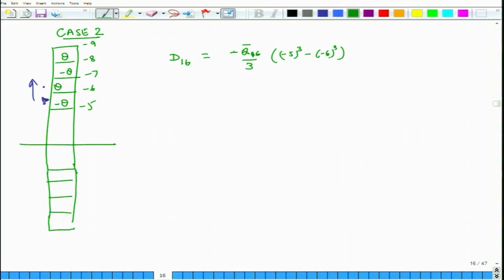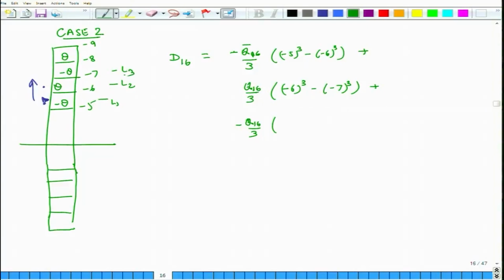This is the contribution from L1 plus contribution from L2. So, this is equal to Q16 bar by 3. Here it is positive Q16 because theta is positive, okay, times minus 6 cube minus minus 7 cube, okay, plus Q16 bar by 3.